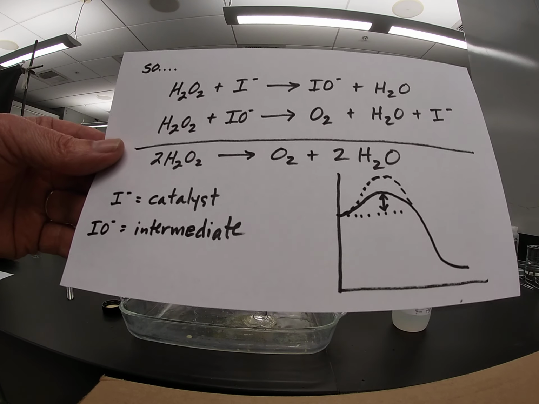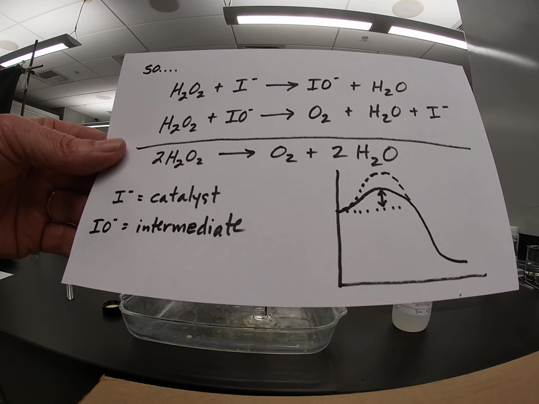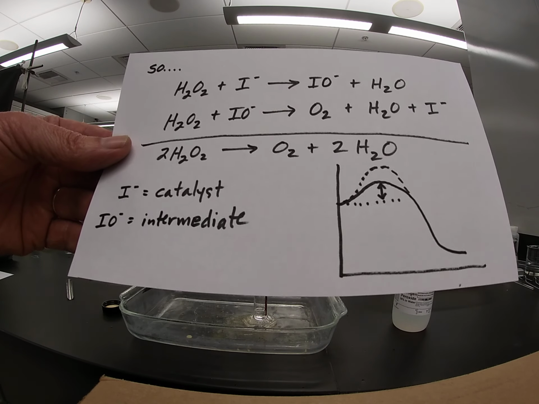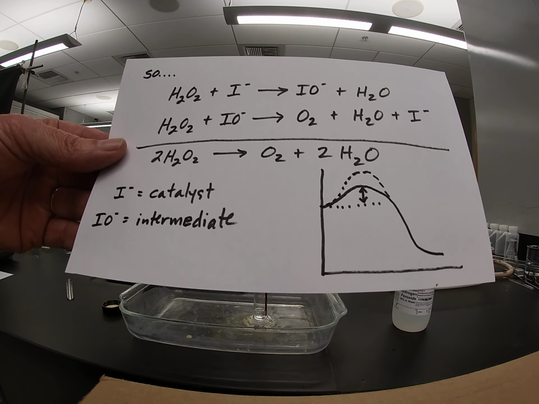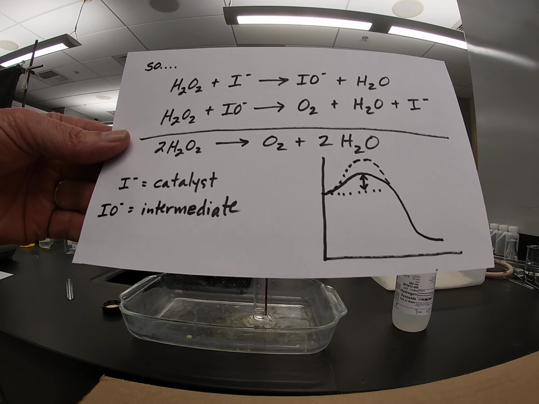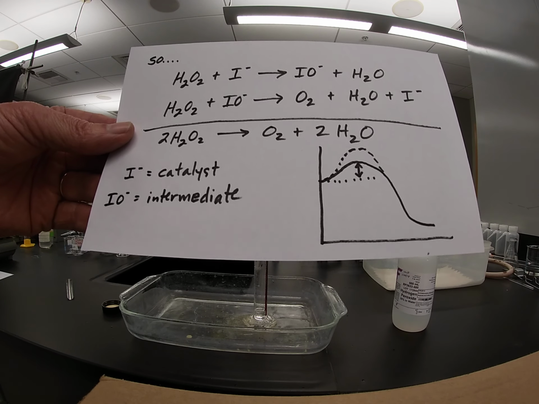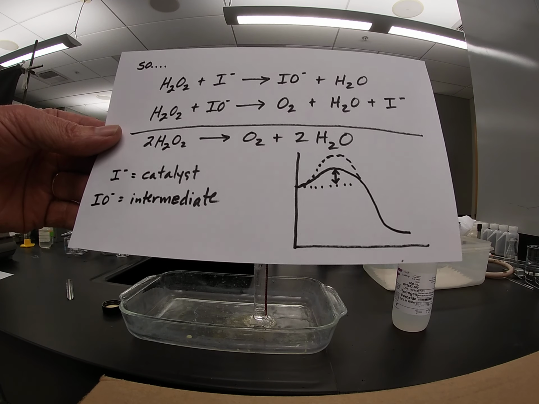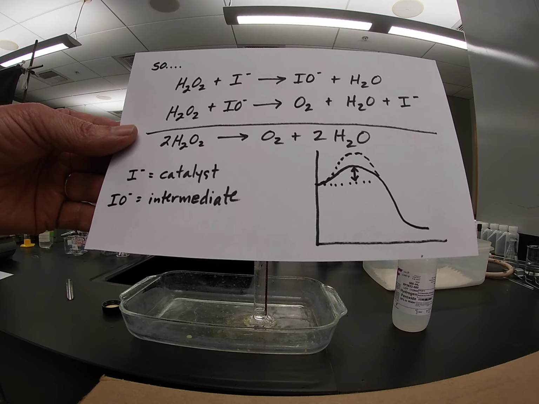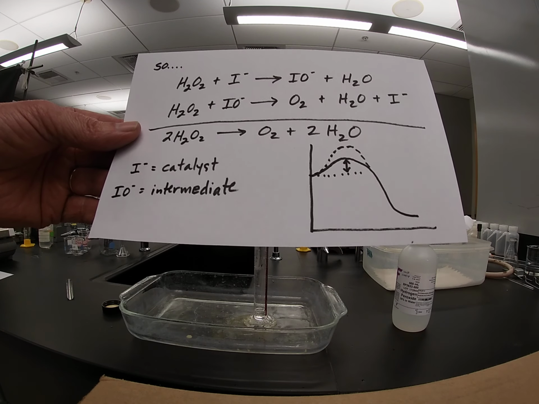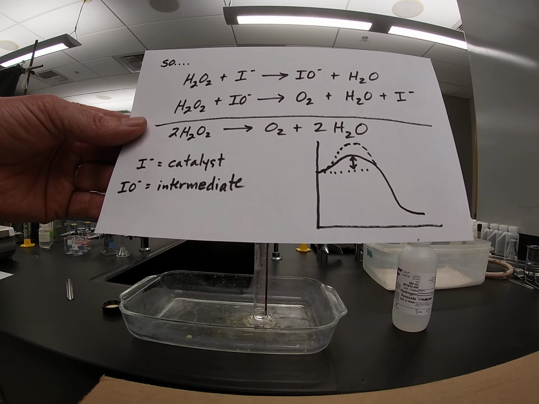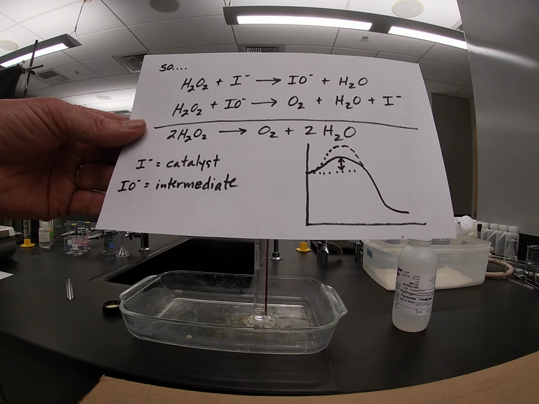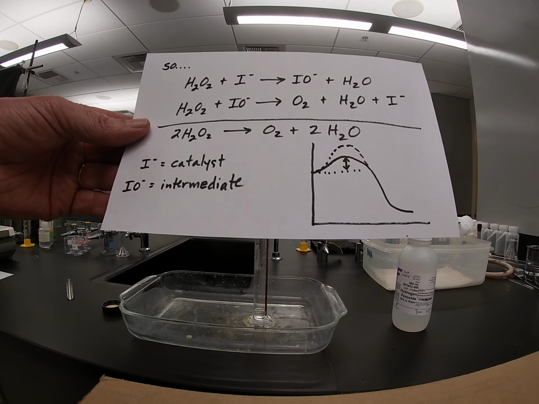Neither the hypoiodite ion, IO1-, nor the iodide ion, I1-, shows up in the balanced chemical equation because the iodide ion is a reactant in the first step and a product in the second step, and the hypoiodite ion is a product in the first step and a reactant in the second step. And so when we add the two reactions, those two components go away.